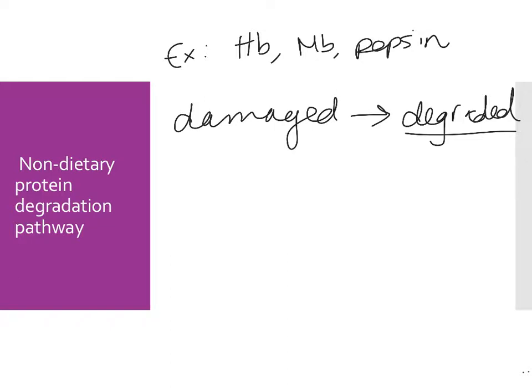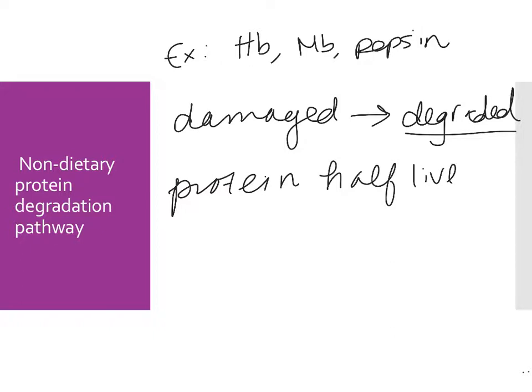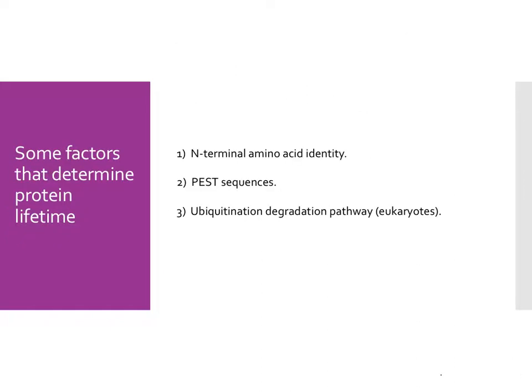And proteins have half-lives that can vary widely, from anything from 30 seconds all the way up to days. And again, if it's a damaged protein, it's going to be targeted for degradation very quickly. But there's a few things that determine the protein's half-life.